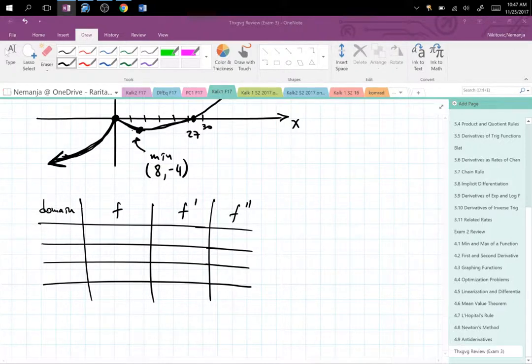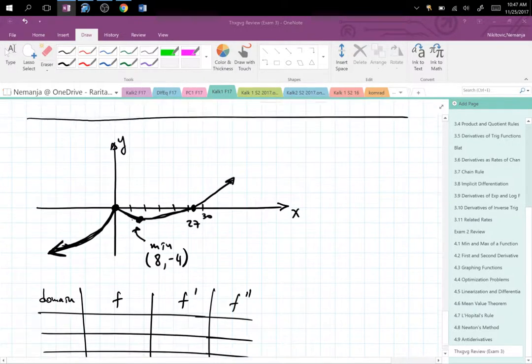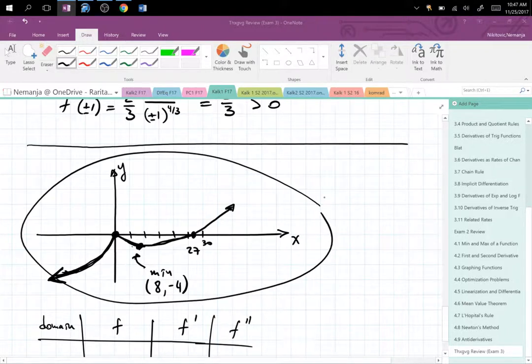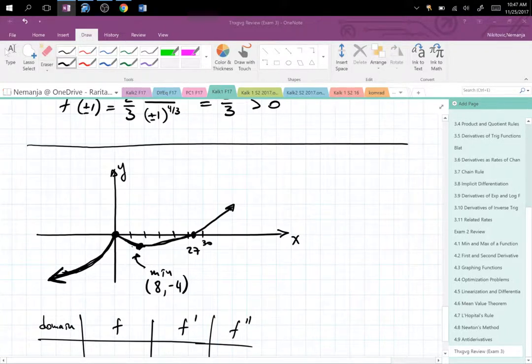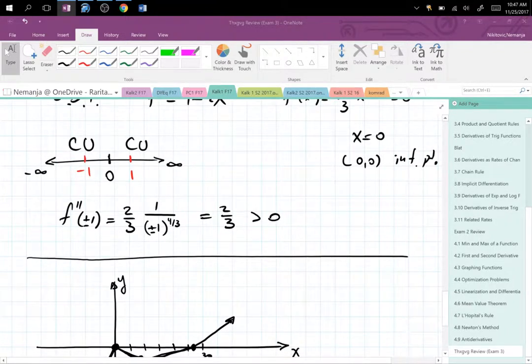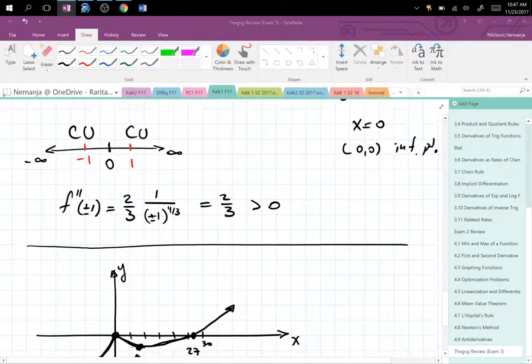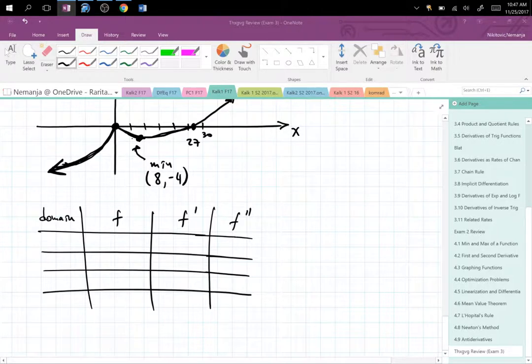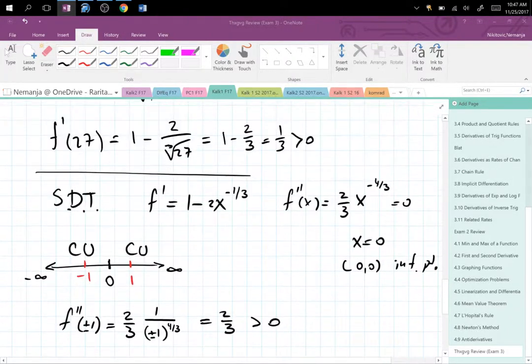Because I worked the problem, this is how I make the exam actually. I solve the entire problem and I look at this and say, all right, they should be able to do this. Now I say concave up, and it's broken at 0. So the second derivative needs to be positive. So I have 0 as an important point.